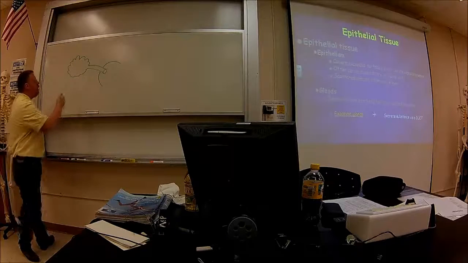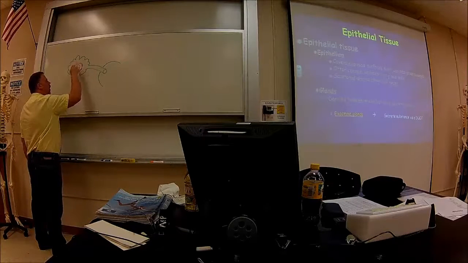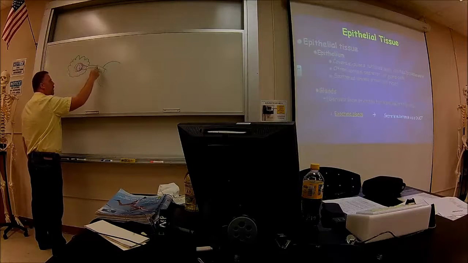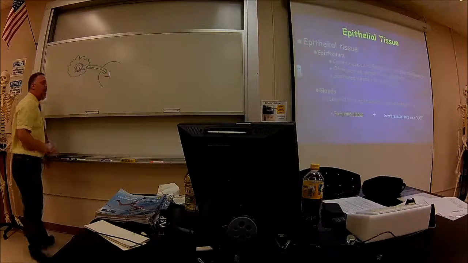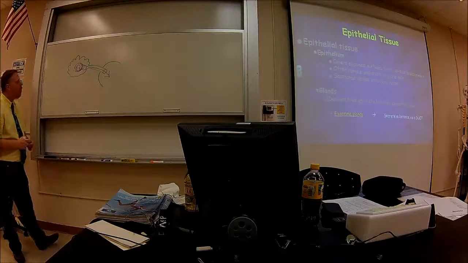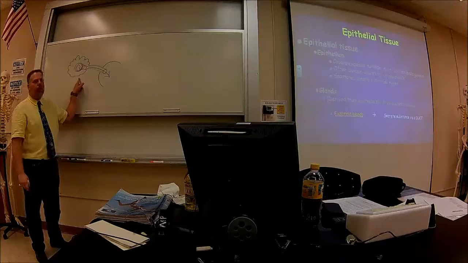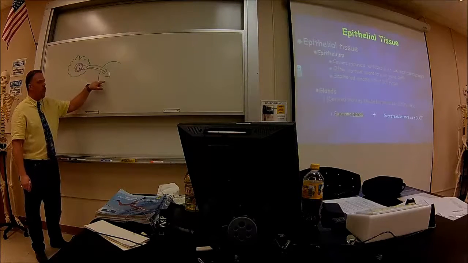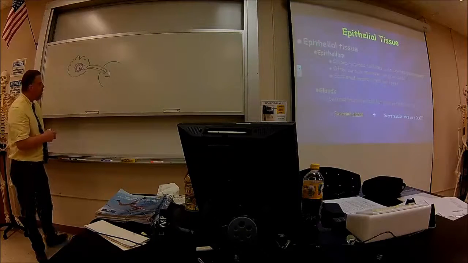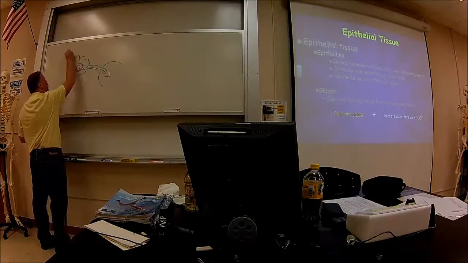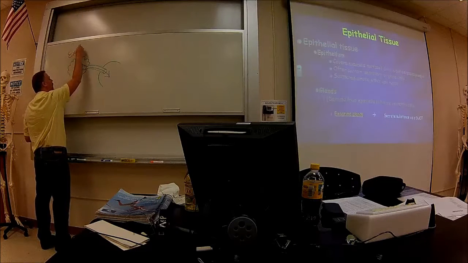Its secretion is made in the gland but goes through the duct and it enters this open cavity. This could be your salivary gland, which has a duct that leads to your oral cavity. When it has a duct like this, it's called an exocrine gland.